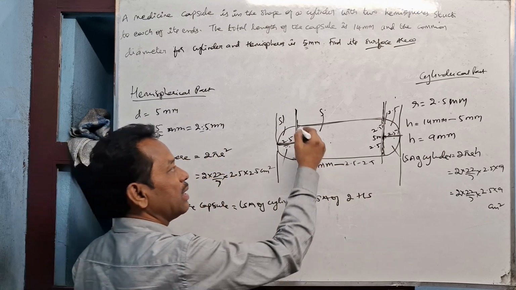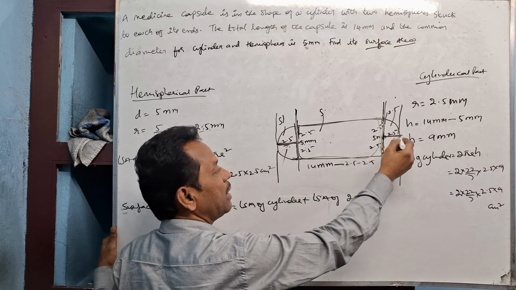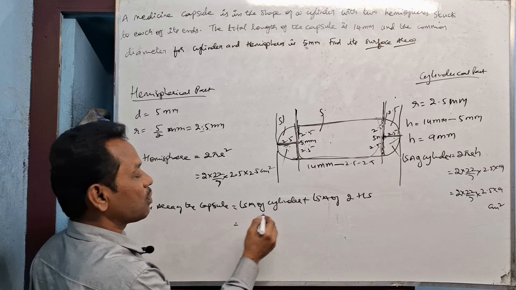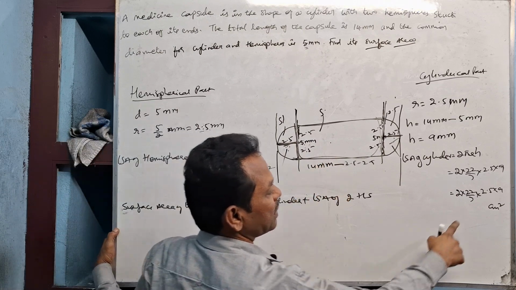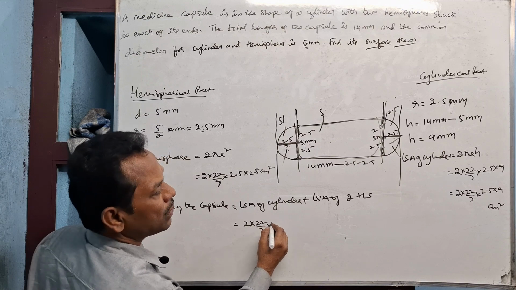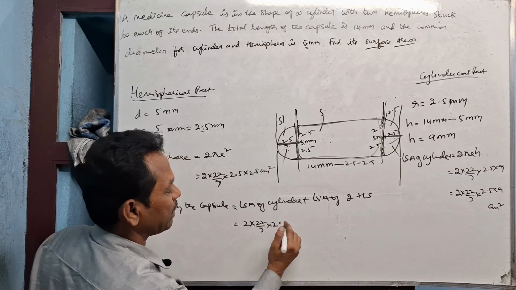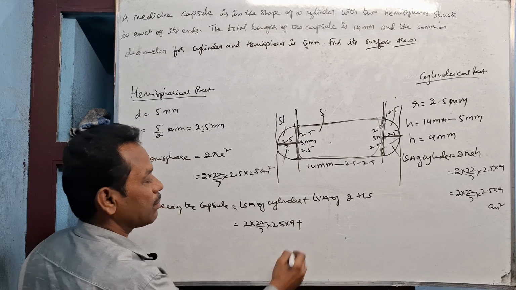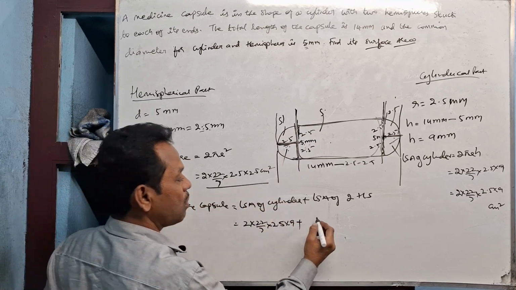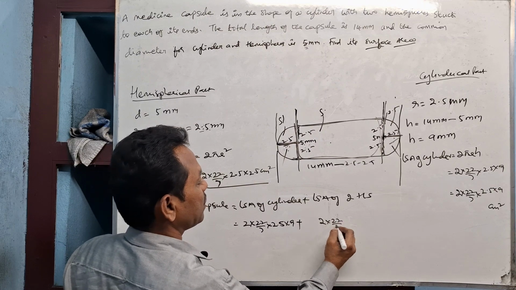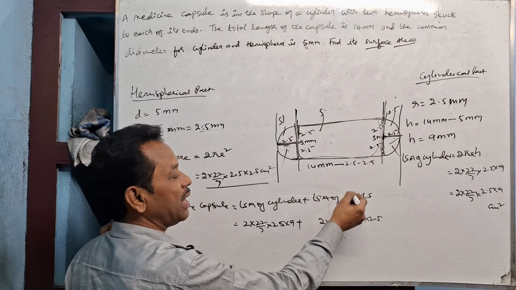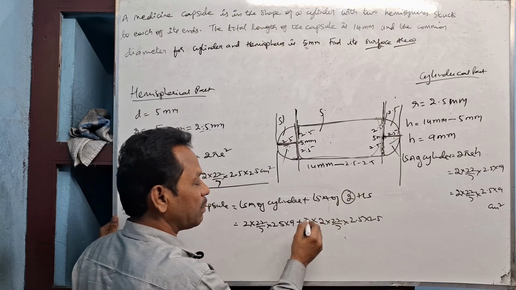Let me add the cylinder and these two to get the surface area of the capsule. The cylinder is 2 into 22 by 7 into 2.5 into 9 plus the LSA of one hemisphere, 2 into 22 by 7 into 2.5 into 2.5. But we need the LSA of two hemispheres, so let me take one more 2 there.